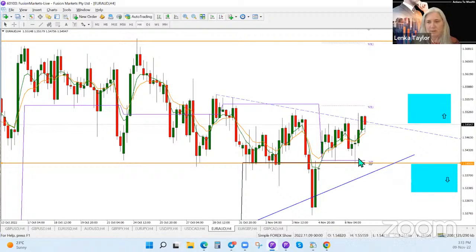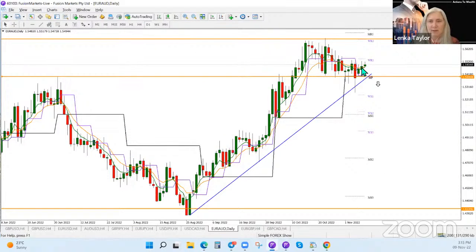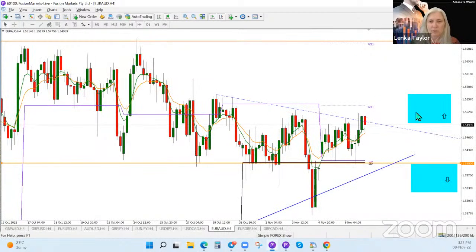But since the price is currently above the weekly and monthly pivot and still in that previous uptrend channel, then probably looking for long opportunities first of all.